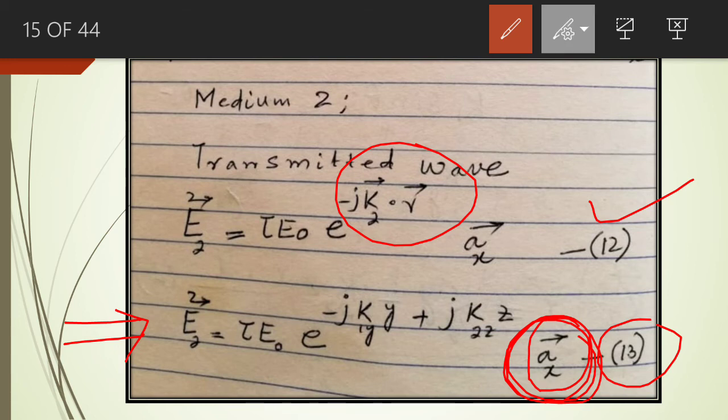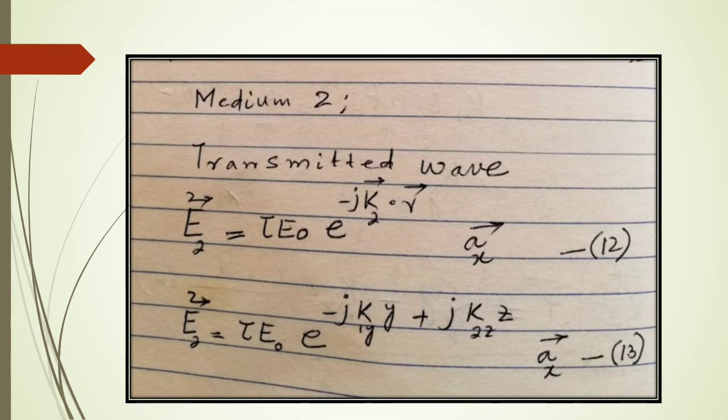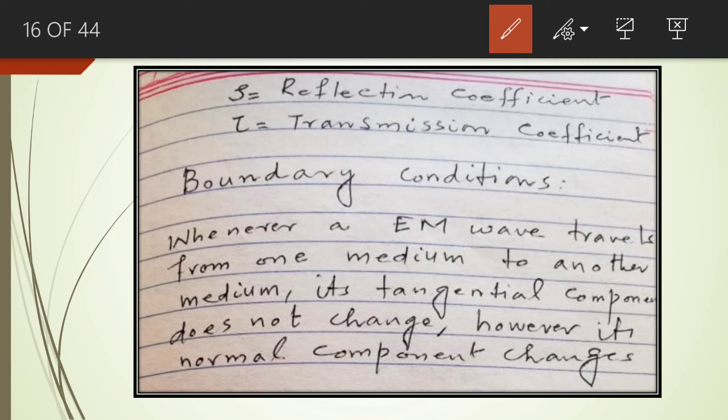So now we are going to talk about the boundary conditions. Well, rho in this particular topic is known as the reflection coefficient, and tau is known as the transmission coefficient.